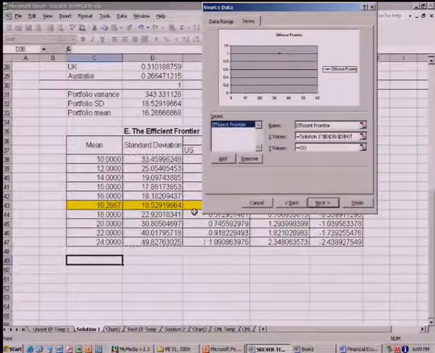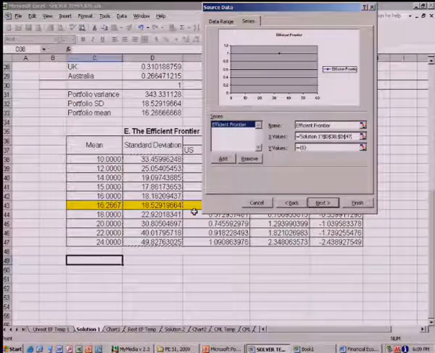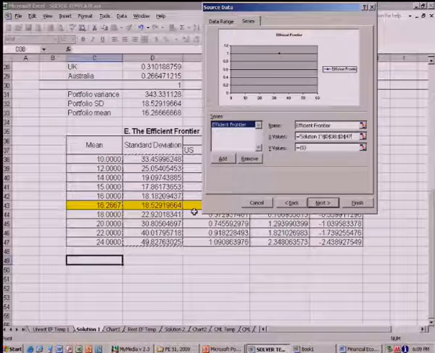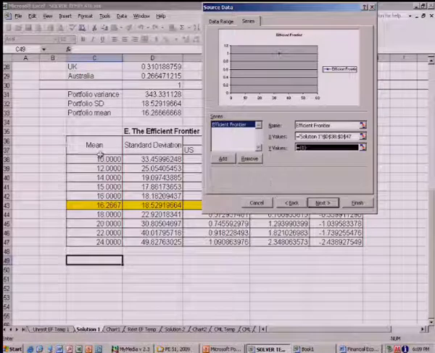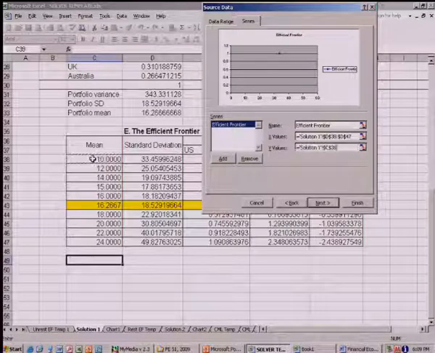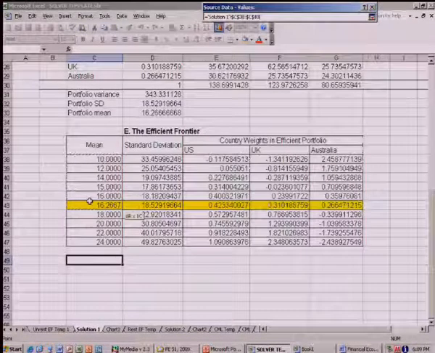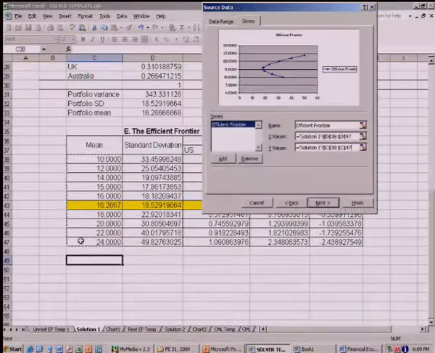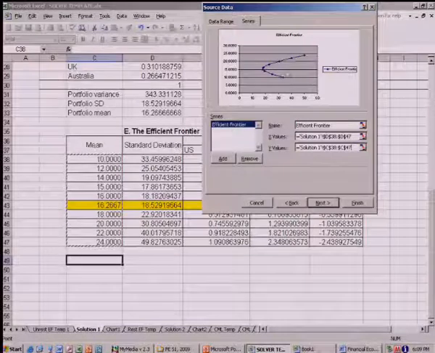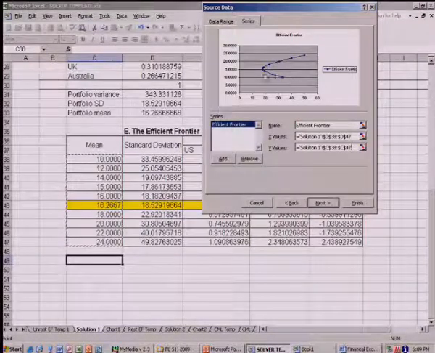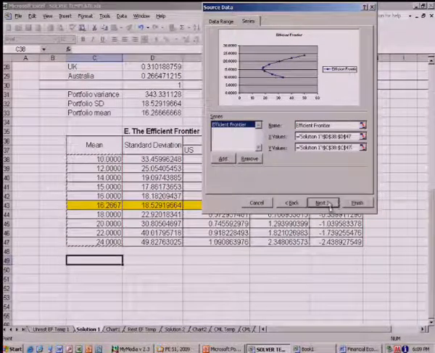So I select all of the data that we just calculated for all of the optimized portfolios on the standard deviation itself. And then for the y values, I'm going to select all of these values that we just calculated for the portfolio expected return. And so you can already see here at the top, I got something that resembles the efficient frontier.